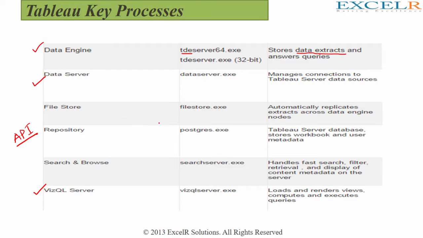It is the component that loads extracts of the data into memory and performs the queries against them. For example, if you're extracting the data from SAP into Tableau Server, then this data engine would play a pivotal role in extracting this data from SAP into memory.